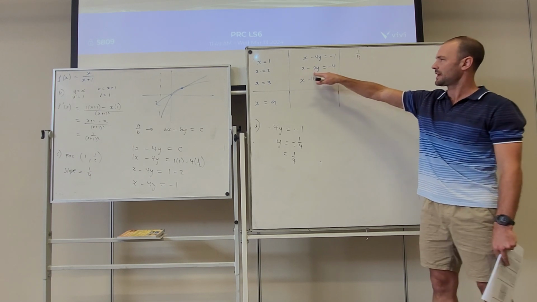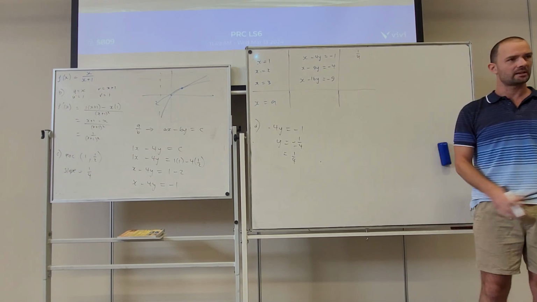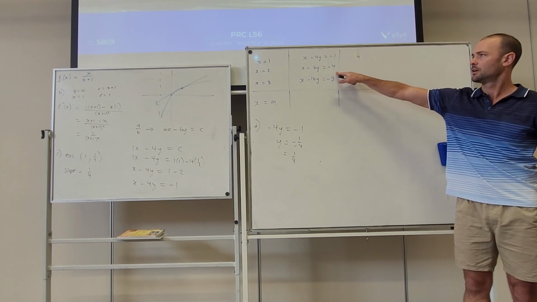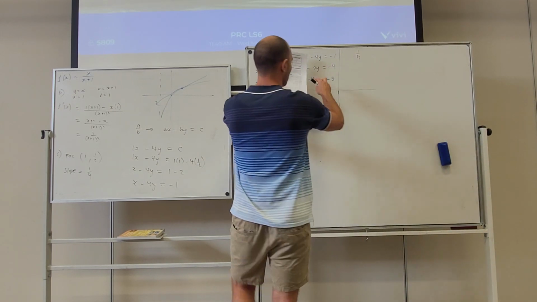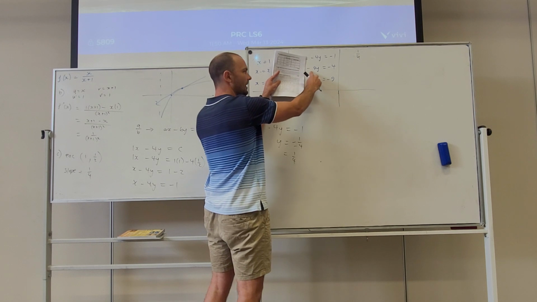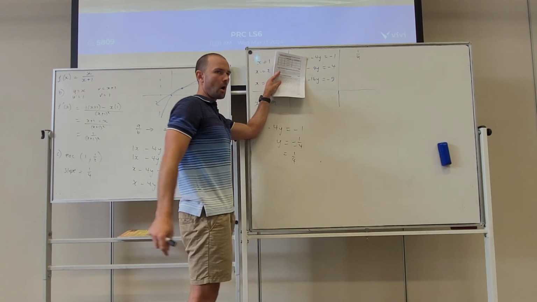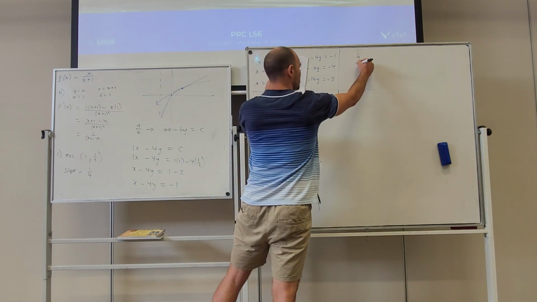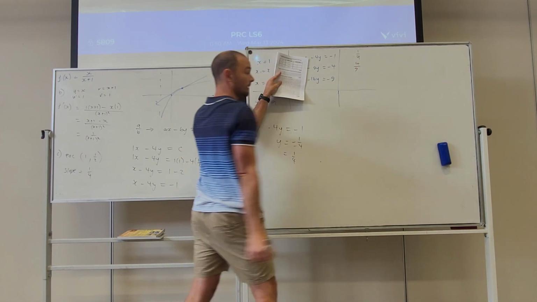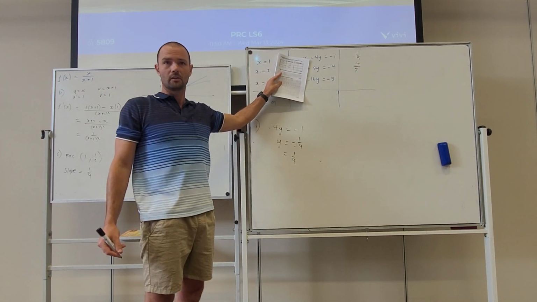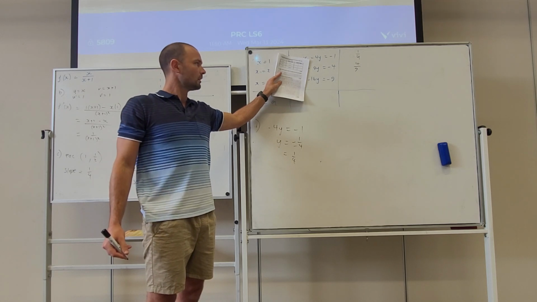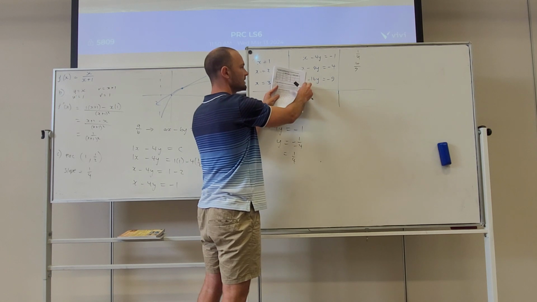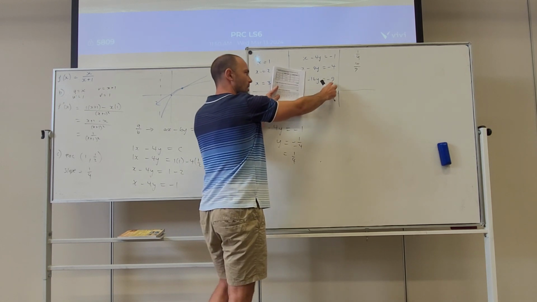Then we have this one, x take 9y equals minus 4, and we're saying, what's the y-intercept of this tangent? All right, so if that occurs when x is 0, I'd have minus 9y equals minus 4. So I would have y is positive 4 on 9. If you want, you can write it out in the extra working space. And then for the last one, x is 0, minus 16y is minus 9.